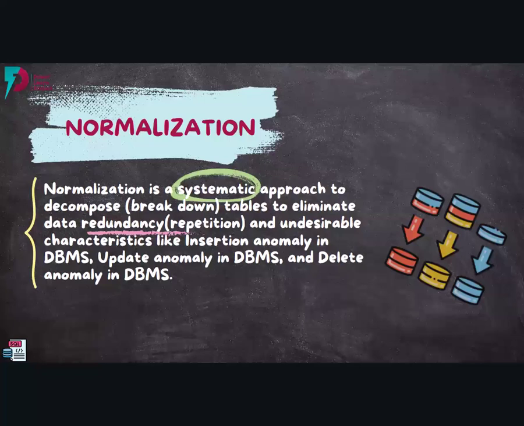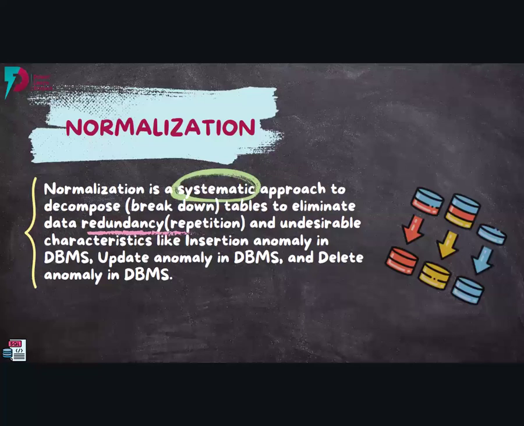I know this definition is too long. Let me give you a shorter one. If someone ever asks you what normalization is, just tell them it's the process of organizing data within a database to eliminate data anomalies. Keep it simple.